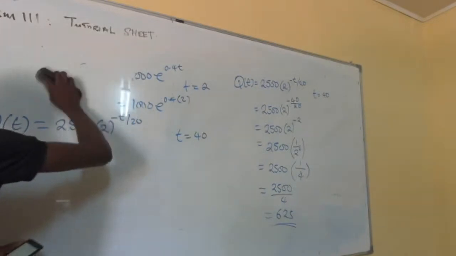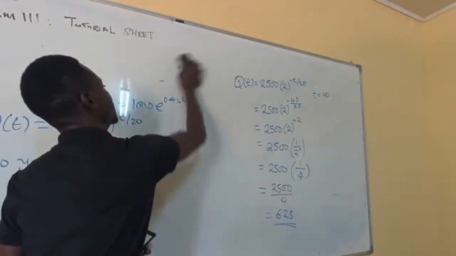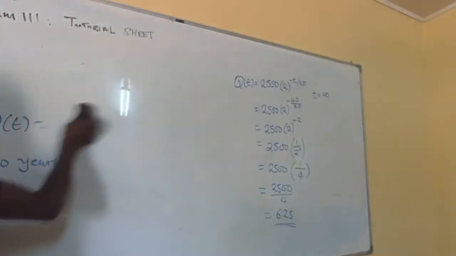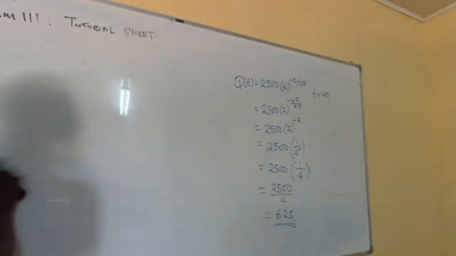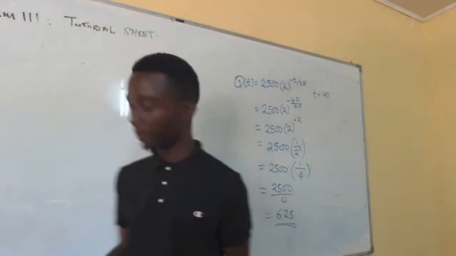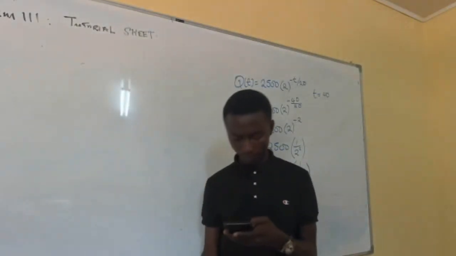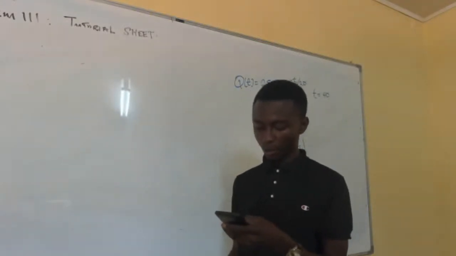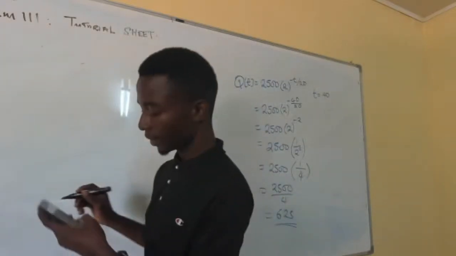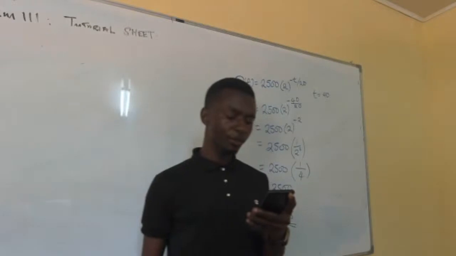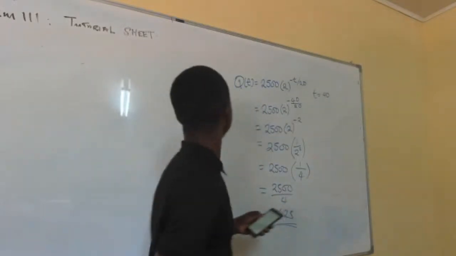Let's proceed. Question 5, the question is saying, write each of the following in logarithmic form.